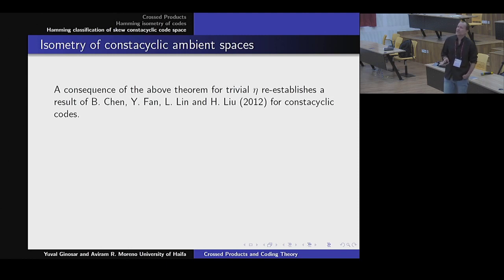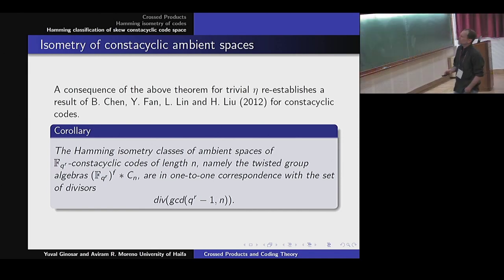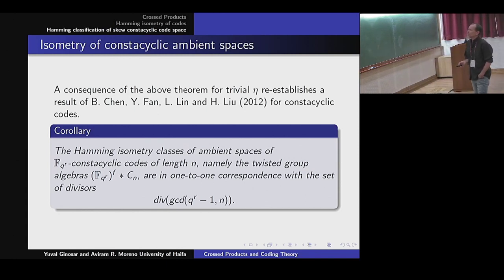So the action is trivial, and the corollary is that the Hamming isometry classes of ambient spaces of fq to the r constacyclic codes of length n, namely the twisted group algebras fq to the r f star cn, are in one-to-one correspondence with the set of divisors of the size of the cohomology class, which is just the greatest common divisor of q to the r minus 1 and n.